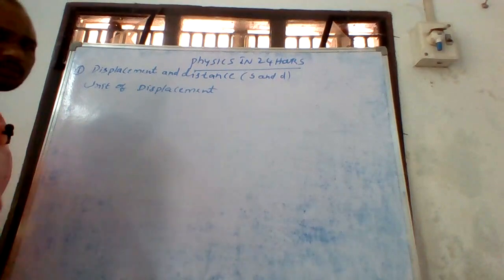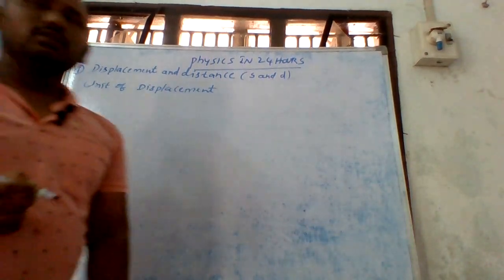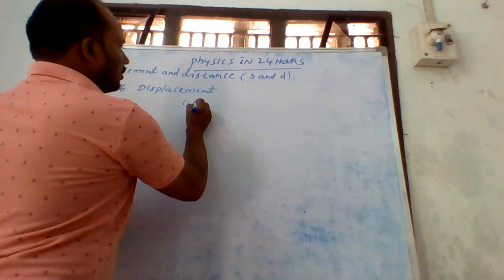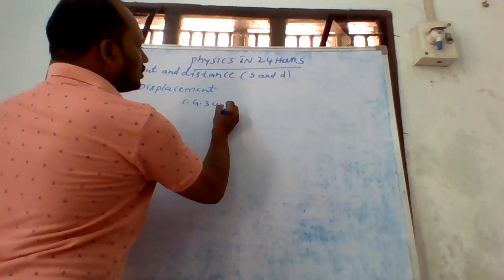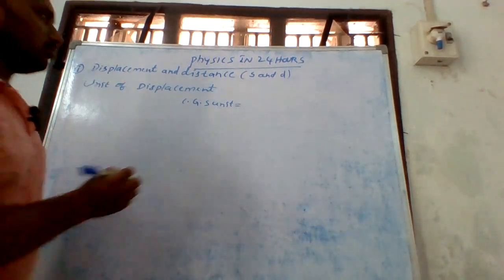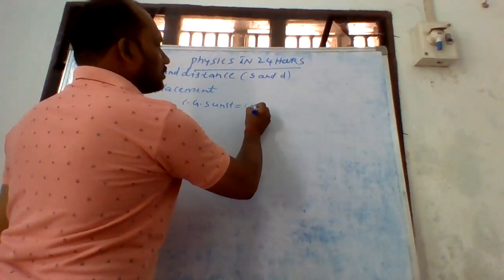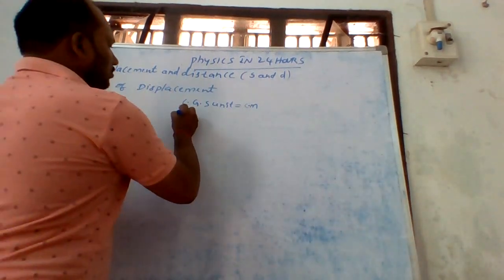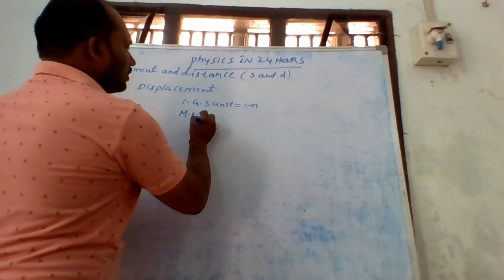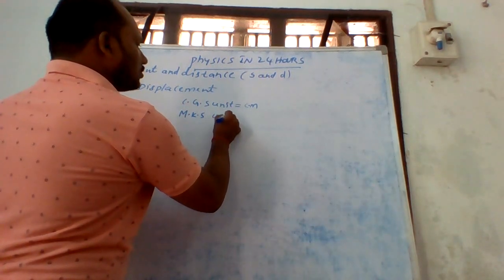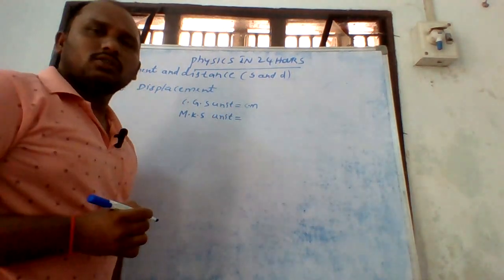Generally there are two types of units. What is the first? The CGS unit, which is centimeter. And what is the MKS unit? The MKS unit is meter.